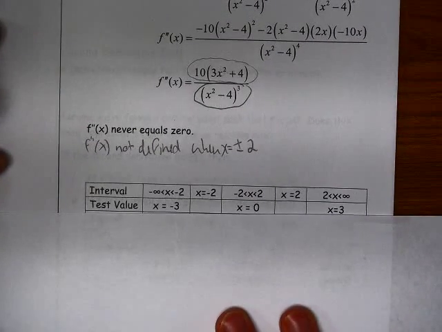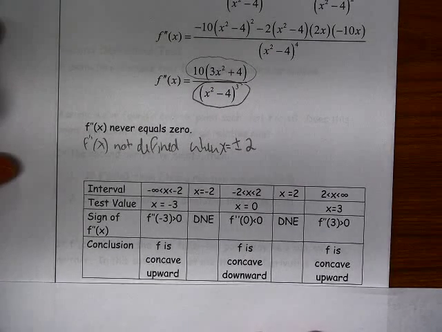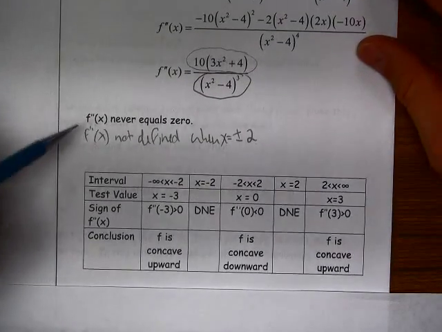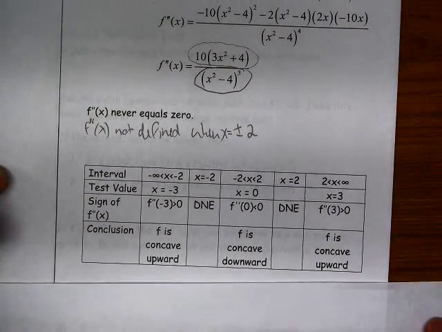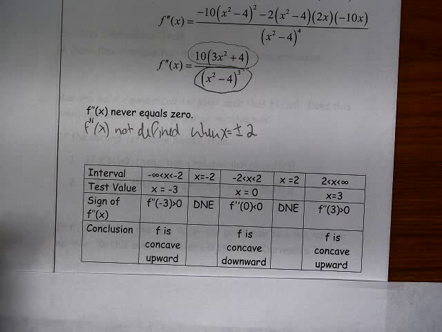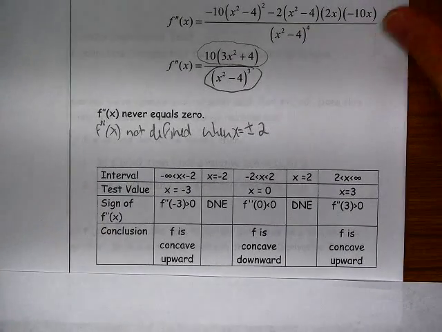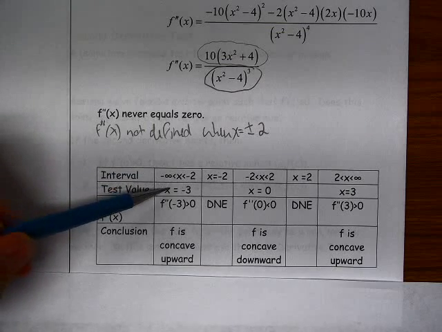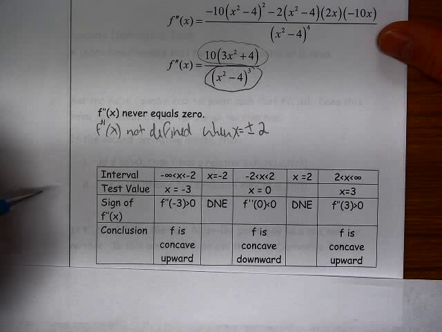And now, because I have two of those values where f double prime of x is not defined, I have a little bit more complicated table here, and it looks something like this when I get it filled in. Again here, from negative infinity to negative 2, my test value that I chose was negative 3, so I found f double prime of negative 3.